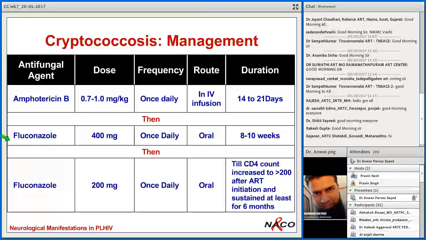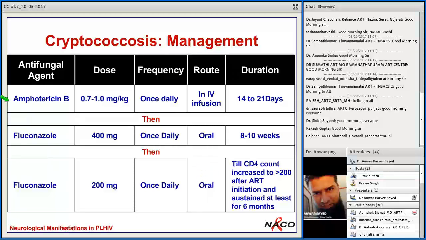So by doing therapeutic lumbar puncture, in fact you are reducing the burden of cryptococcus in the meningeal space. Therapeutic lumbar puncture is one of the best interventions.